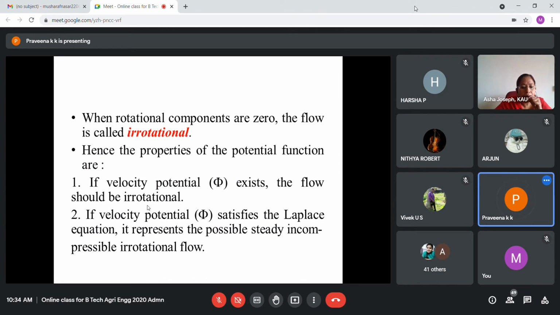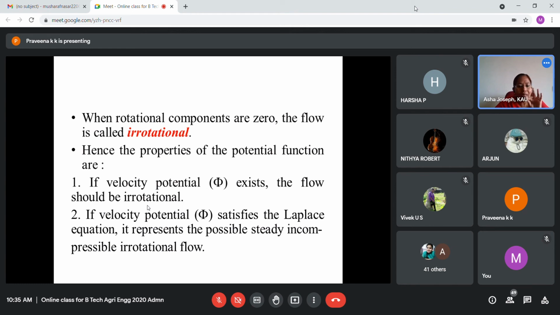Okay, it is very important. What are the properties of a velocity potential function? These properties are from the previous derivations only, we have written them here. If the velocity potential exists, the flow should be irrotational, because irrotational means the rotational components are zero.